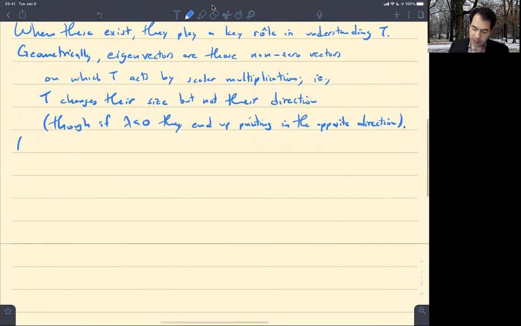Okay, algebraically, one way of thinking of what are eigenvectors is that these are vectors where T preserves the span.